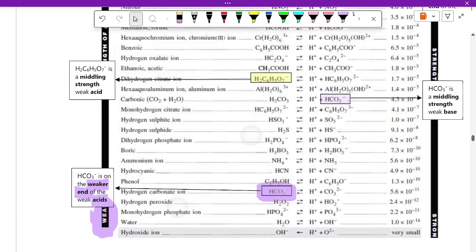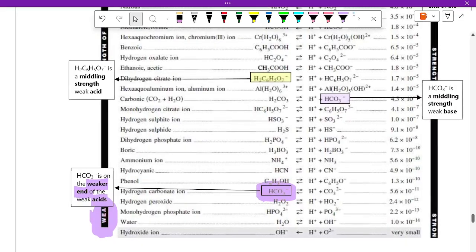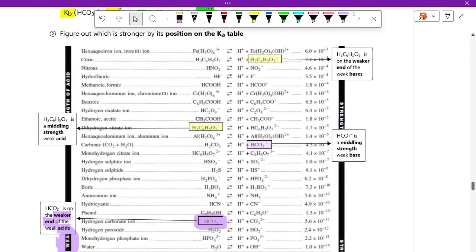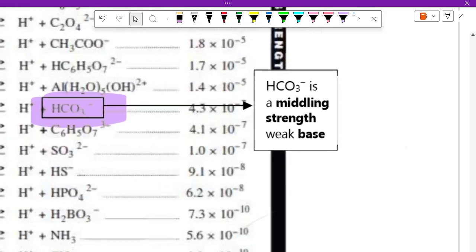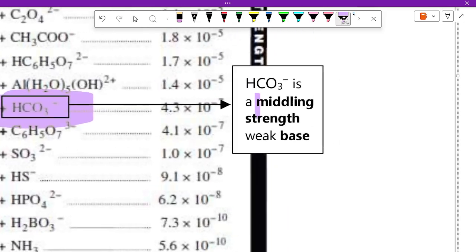But if we look up HCO3 on the right-hand side, you can see it's kind of in the middle of the list. Yeah? And if it's in the middle of the list, it has a middling strength as a base. Okay? And you would never write this down anywhere, but that's what you can just do in your brain. You can be like middling acid, really weak acid. And so that would mean that, middling base, really weak acid, therefore it is basic. Okay?